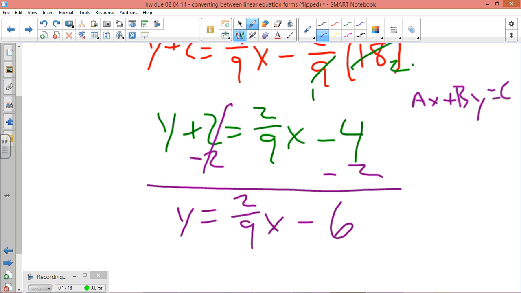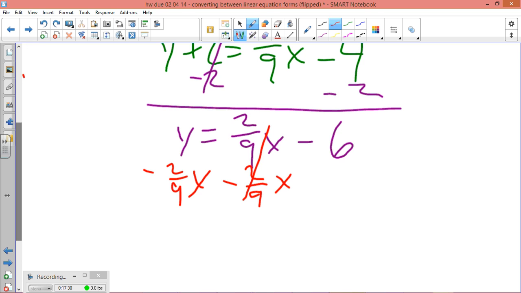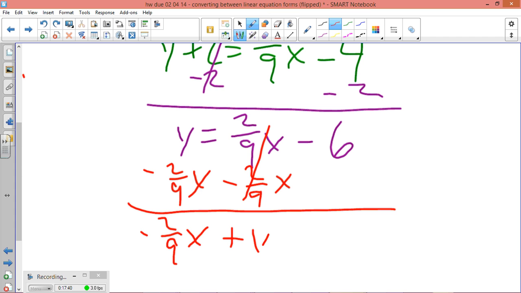Next thing I'm going to do, get rid of this x so that it goes to the other side. 2/9 x minus 2/9 x. The 2/9 x and minus 2/9 x both add to 0, so I have negative 2/9 x plus y equals negative 6.